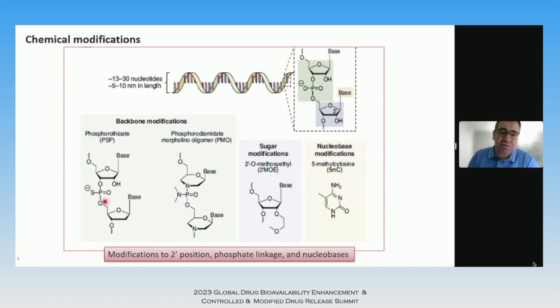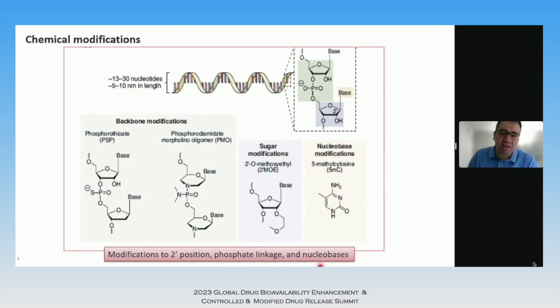In addition to this backbone phosphate modification, the other common modification involves the attachment of different groups to these 2-prime groups. So usually people use a fluorine atom or methyl groups to make these molecules a little hydrophobic to promote their cellular uptake.